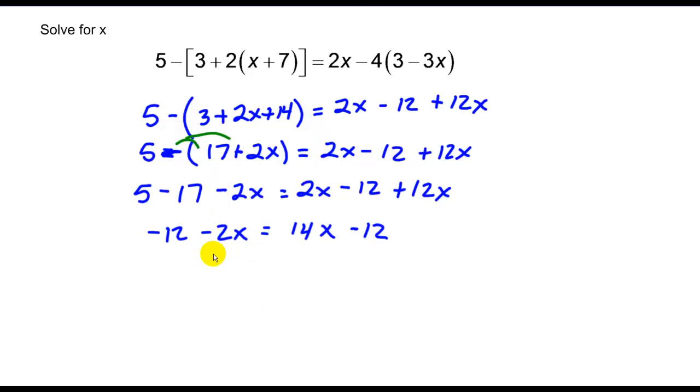So in this case, I add 2x to both sides, and then I'll add 12 to both sides, and we get something kind of special going on here.